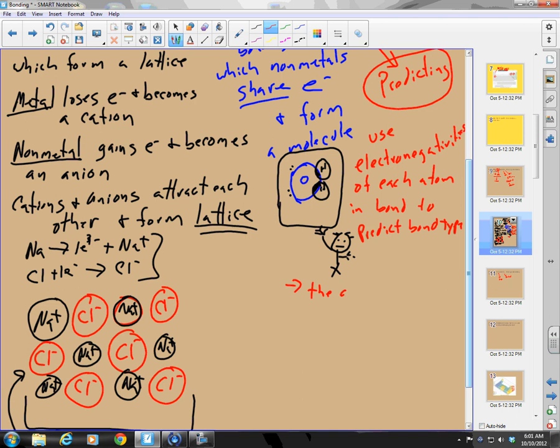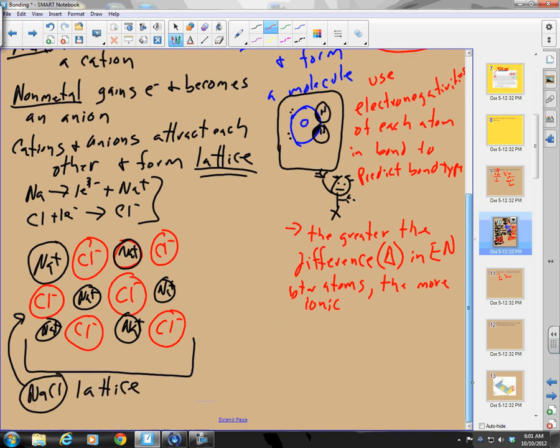The greater the difference, and I'm going to use delta as an abbreviation for difference in the future. The greater the difference in electronegativities between my atoms, the more ionic the bond is.